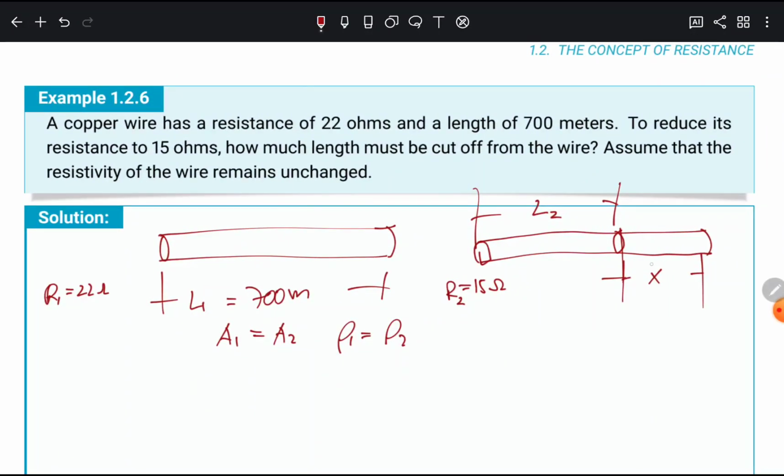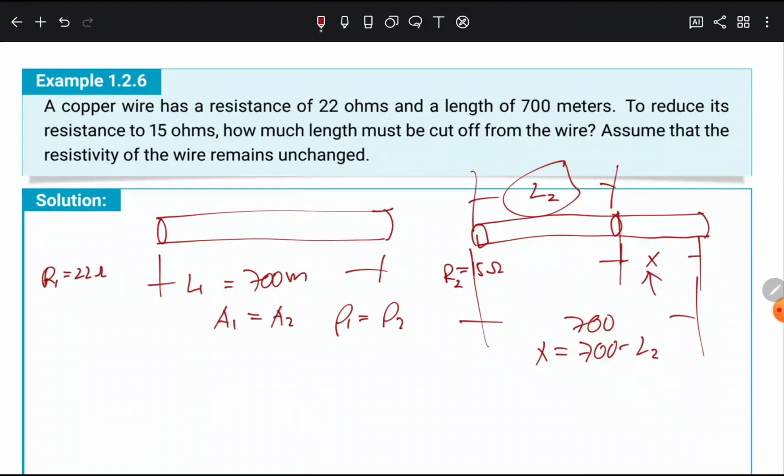So now, to solve for x, we just need to solve for L2 first. And after we solve for L2, because we know that the original length is 700, x will be just equal to 700 minus L2. So first we solve for L2, using R2 over R1, and the formula that we'll be using should be L over A, not anything that includes the volume.